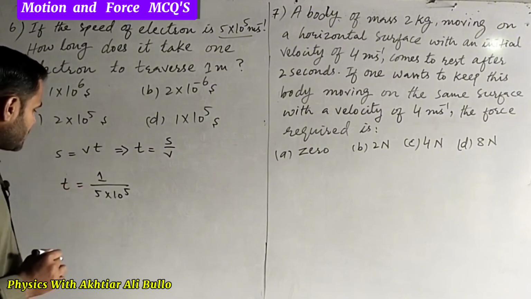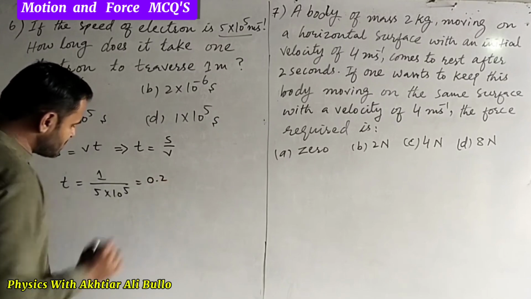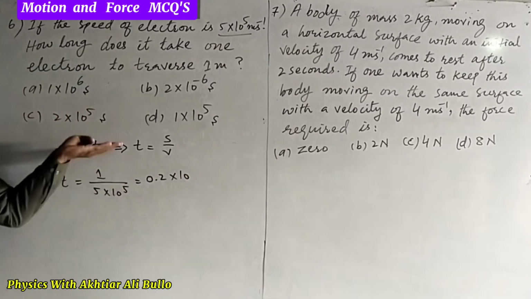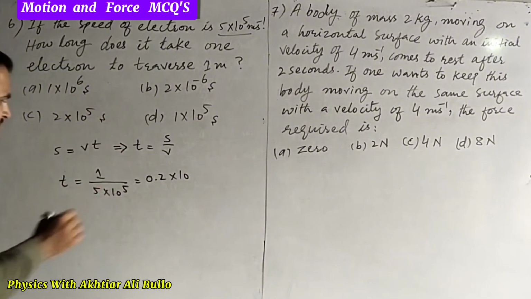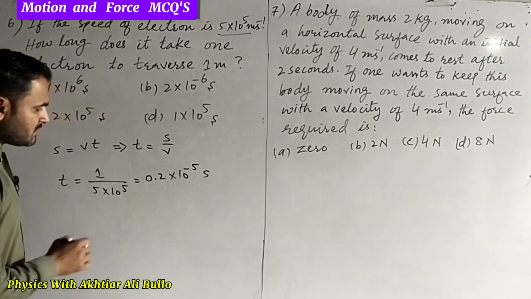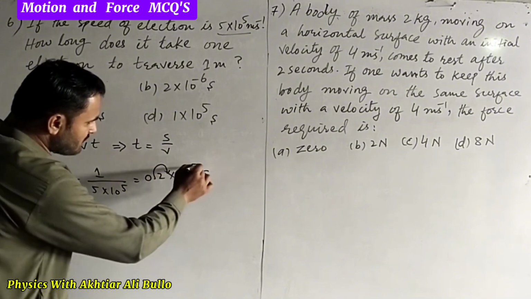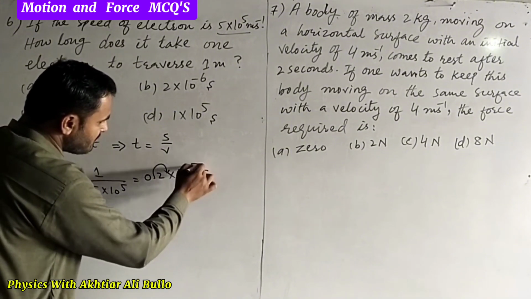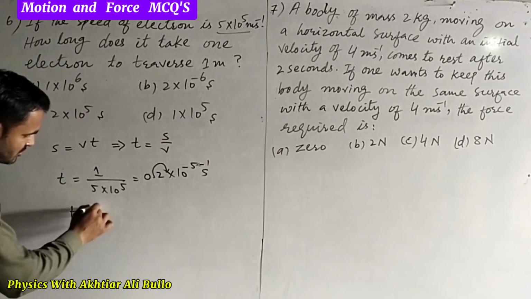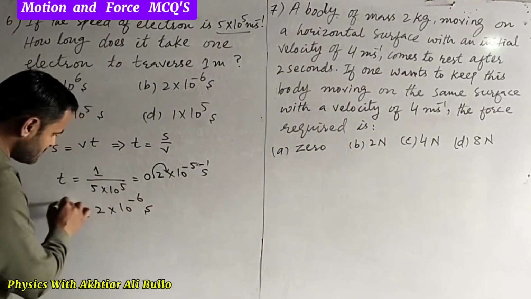So 1 divided by 5 will be equal to 0.2 into 10 raised to power, and when the power goes to the numerator it becomes minus, that will be minus 5 second. So when we shift this decimal here, we will increase the power by minus 1. So t will be equal to 2 into 10 raised to power minus 6 second.